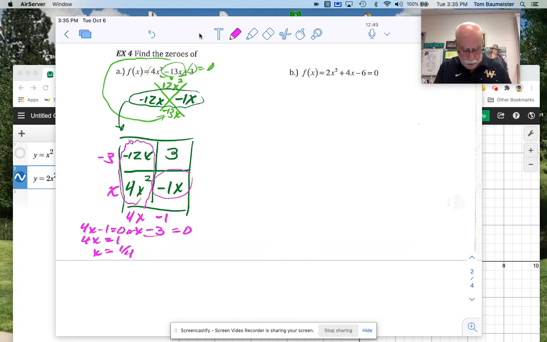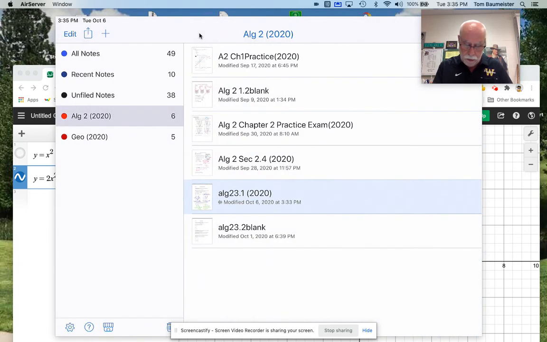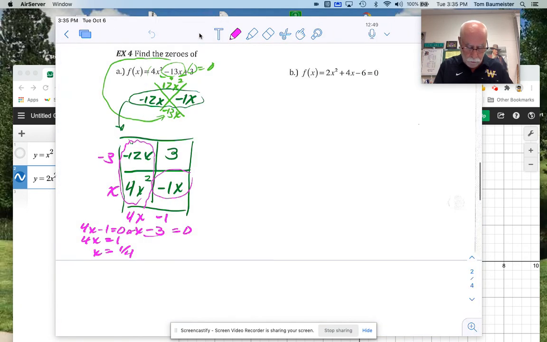On the other one, if I solve x minus 3 is equal to 0, I'll get x is equal to 3. So there are two solutions.